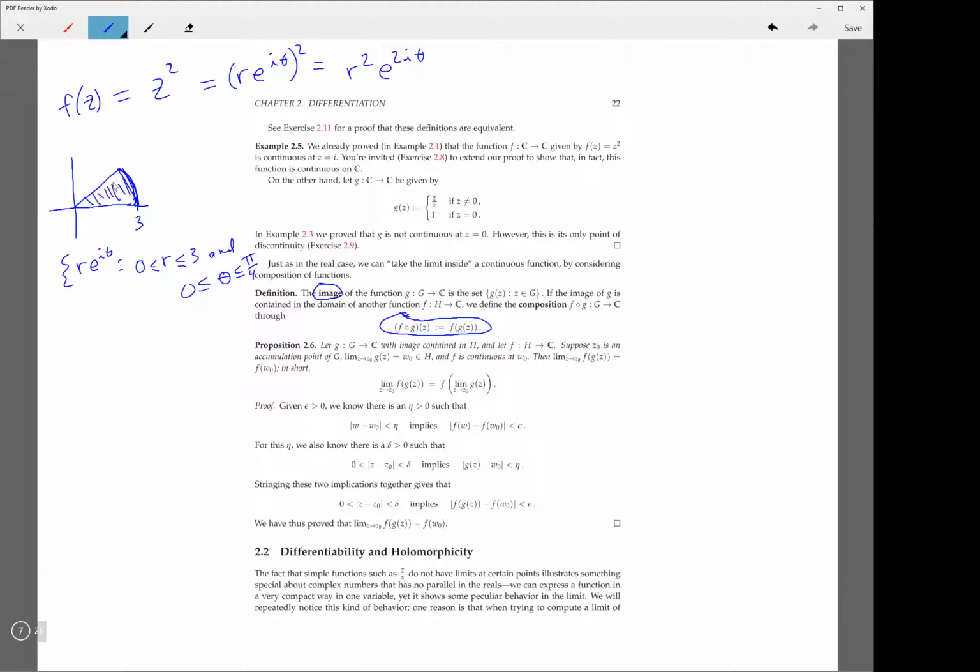So that's not the image, that's the domain. And we'll call this S.